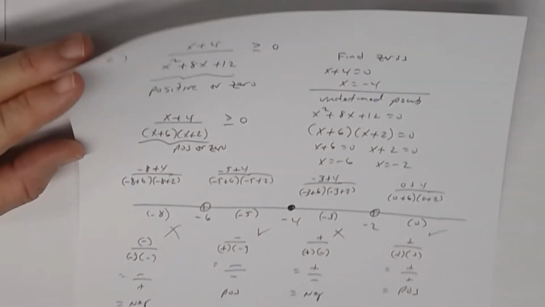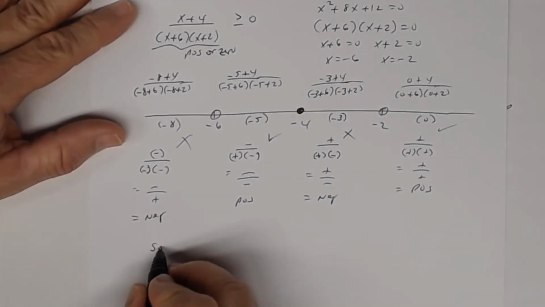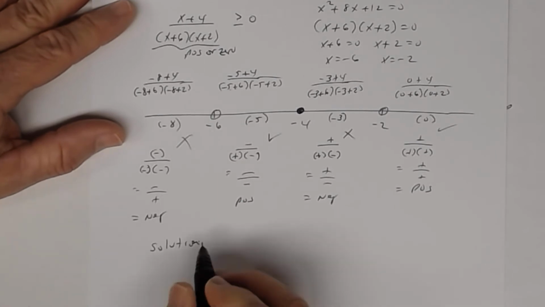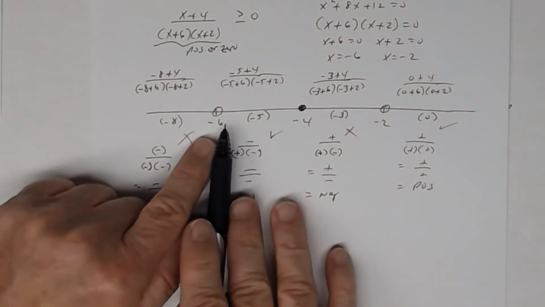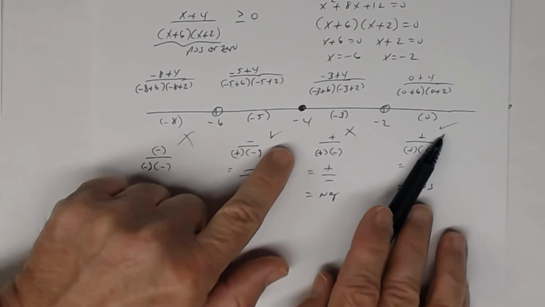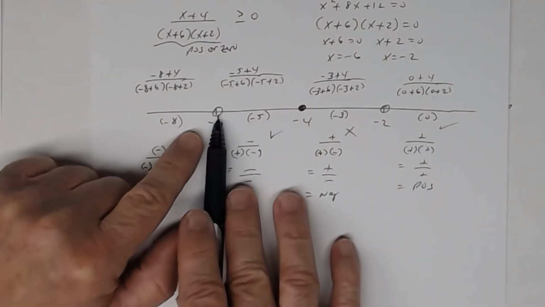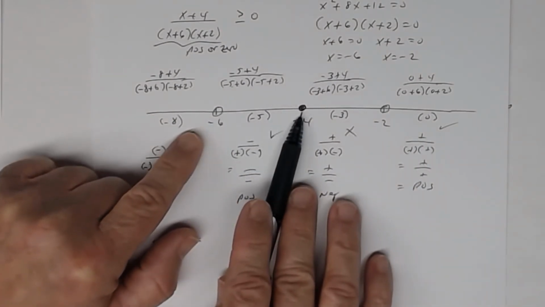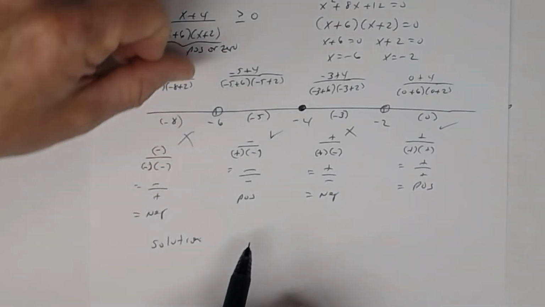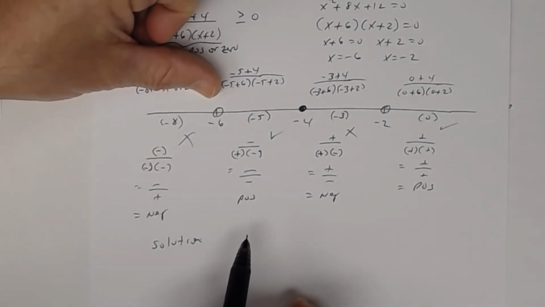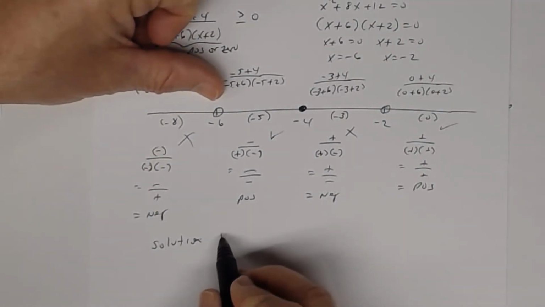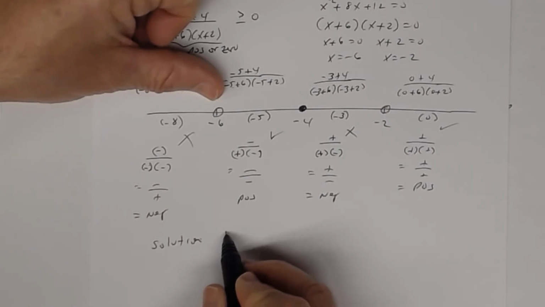All right, and we're almost done. So our solution then is these two intervals here, right? Open circle is parentheses, closed circle is bracket, and make sure you clearly indicate parentheses and brackets. So you got to make sure a parentheses looks like a parentheses.